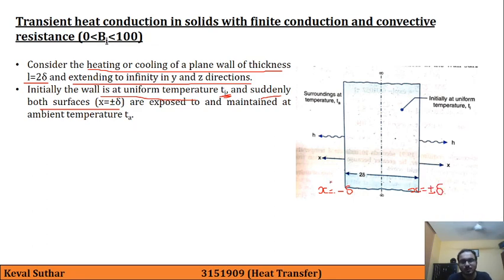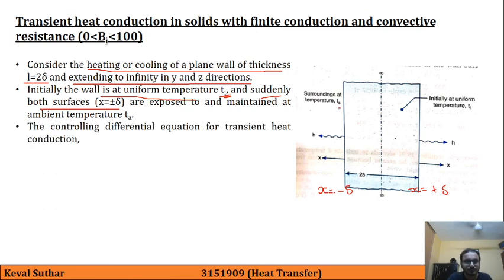Okay, so sorry, here I have written plus or minus. At x equal to plus delta, both are exposed to environmental temperature TA. So the governing differential equation here is this.